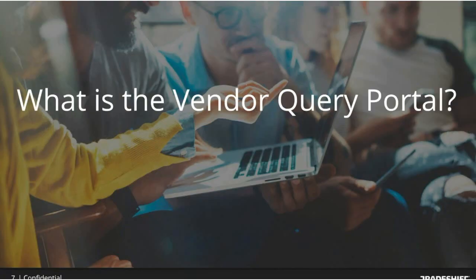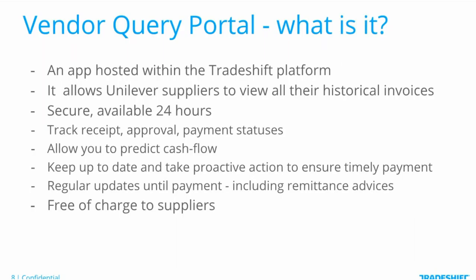The vendor query portal has been built in consultation with Unilever. It is designed to provide suppliers with a single location to query all historic invoices, credit notes, and remittance advices, regardless of the source. It is an app hosted within the Tradeshift platform. It allows Unilever suppliers to view all their historic invoices. It is secure. It is available 24 hours, 7 days a week.